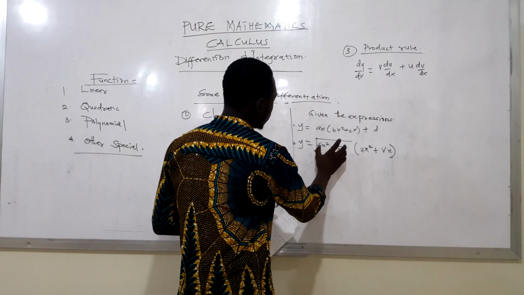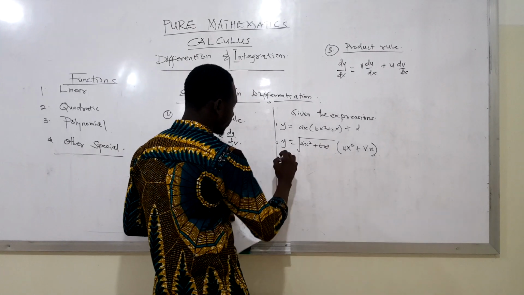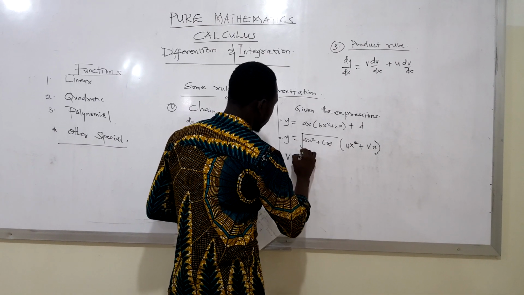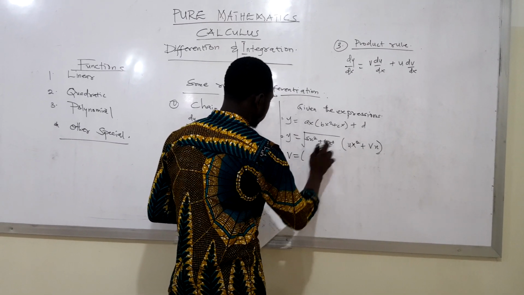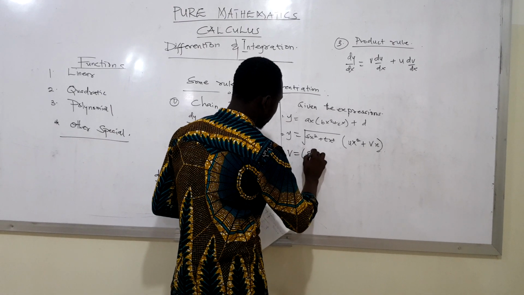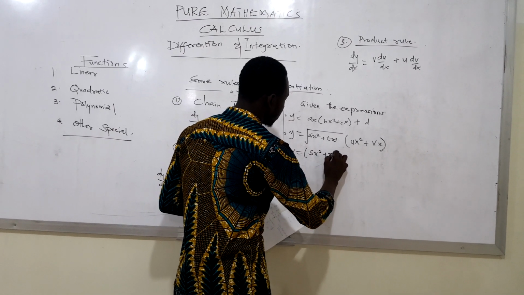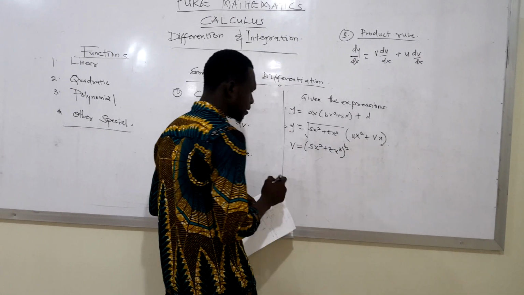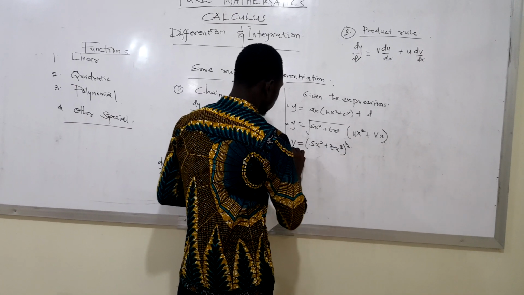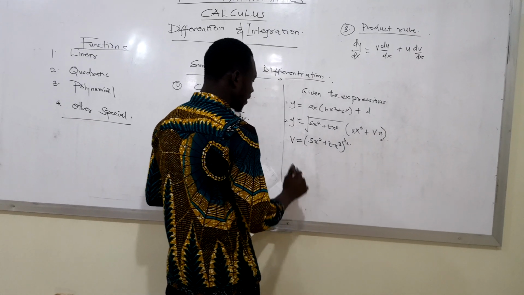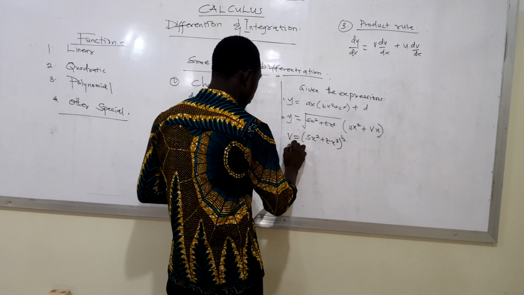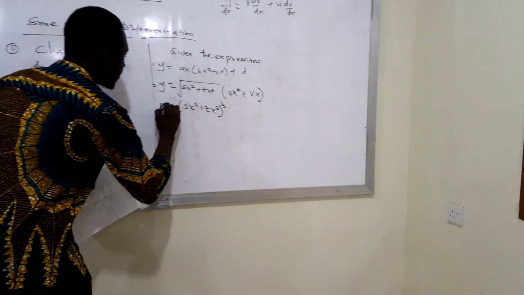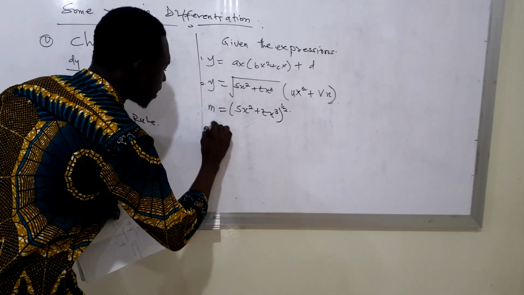In this case, we are going to name this expression v. Our v is equal to the whole of this, that is x squared plus t x cubed, all exponent 1/2. Then we are going to represent this one by m.